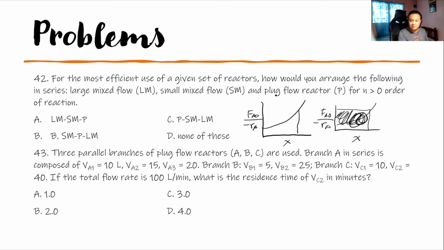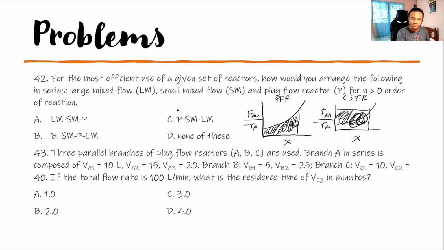But for the PFR, it is just this area under the curve, meaning the volume of the CSTR required is much larger than the PFR required for the same conversion, right? So it is really wise to use first the plug flow reactor rather than using the CSTR right away, because you will need a much larger volume if you use the CSTR right away, right?